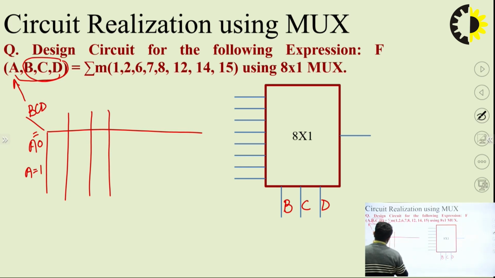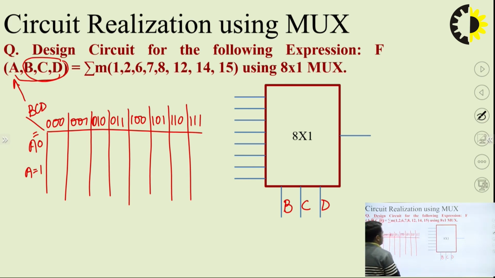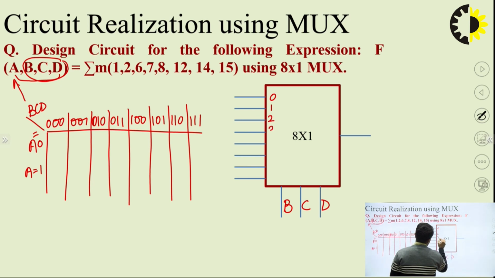That means having different values: 000, 001, 010, 011, 100, 101, 110 and 111. So these are the 8 possible values which can be applied at these select lines, and correspondingly some inputs will be selected, as a normal 8 cross 1 multiplexer would do.